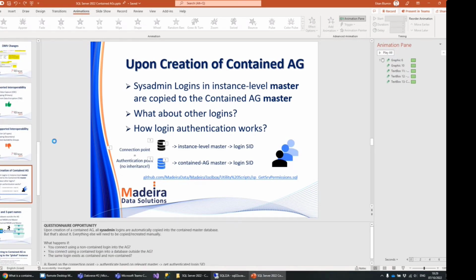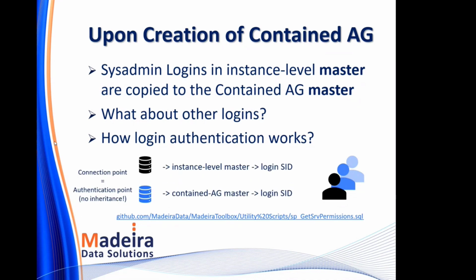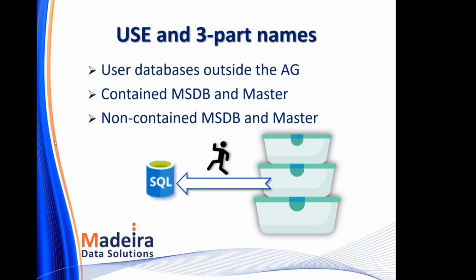In other words, sorry, what I mean to say is, for example, what happens if I connect into the virtual world, the contained availability group, and then I use the USE command or three-part names to access objects that are outside of the availability group.